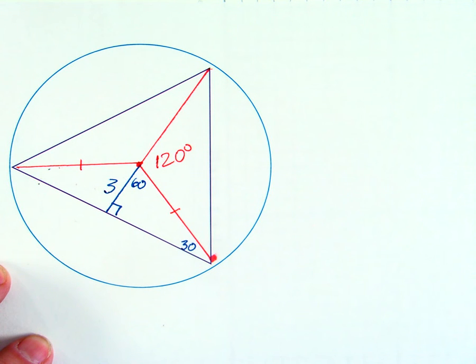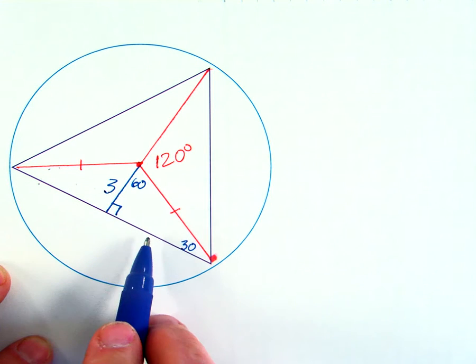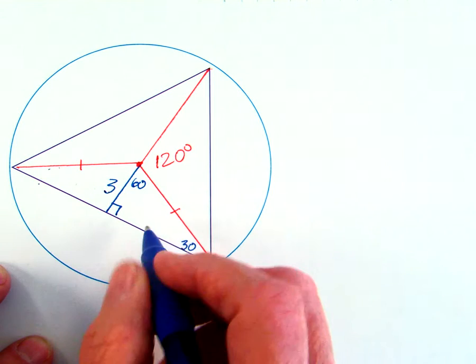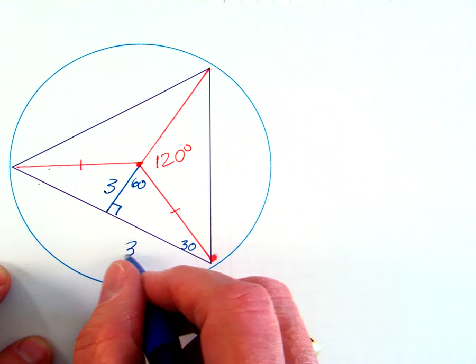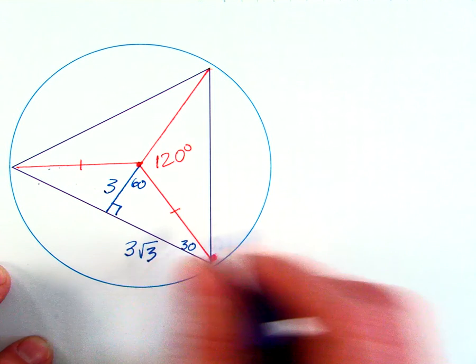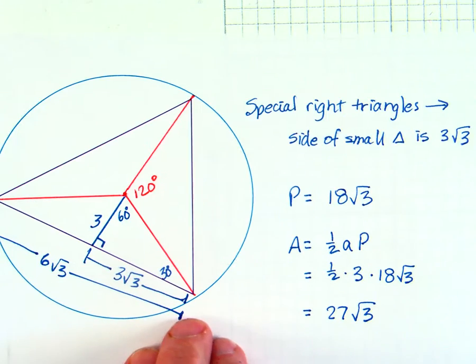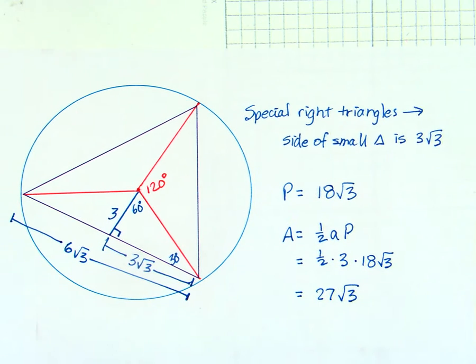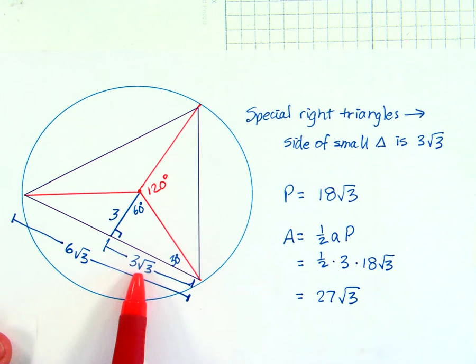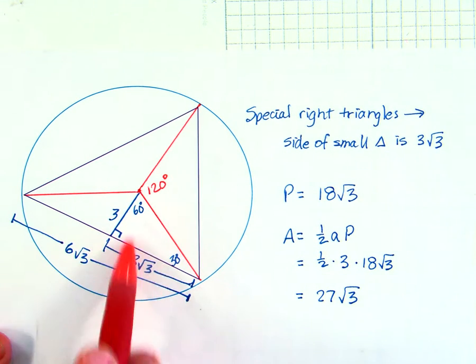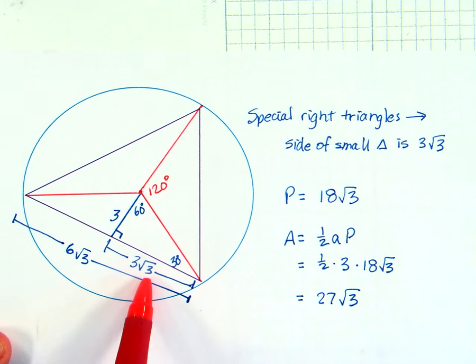Remember that you can find the side length by using the small side, then the medium is the small times the square root of 3. So it would be 3 times the square root of 3. And our calculations for this would be given here. The medium side of the small triangle is 3 times the square root of 3.